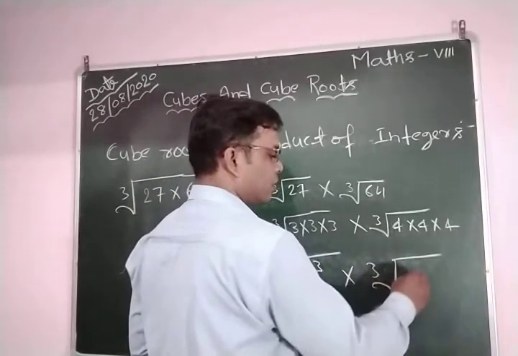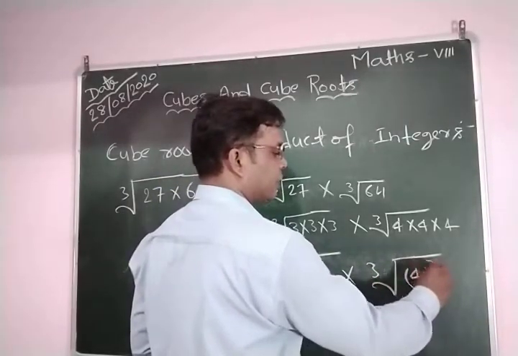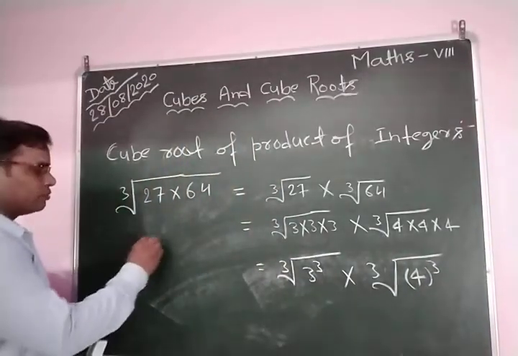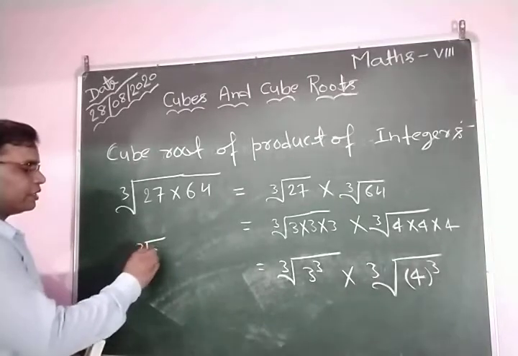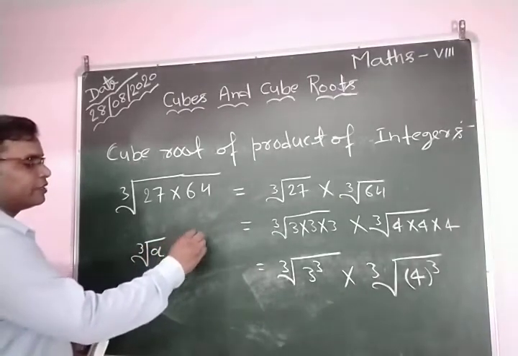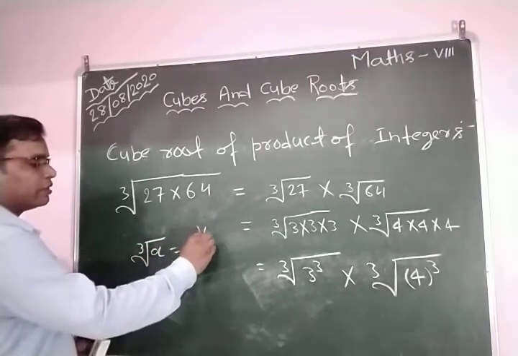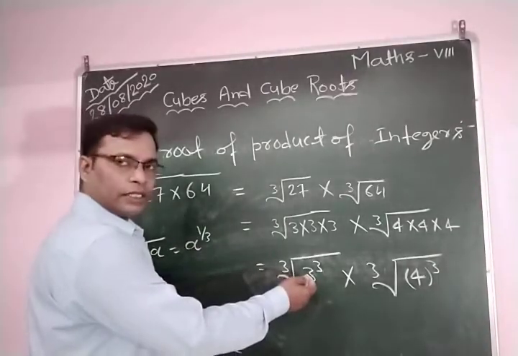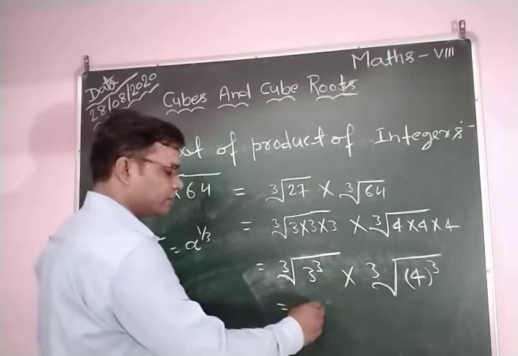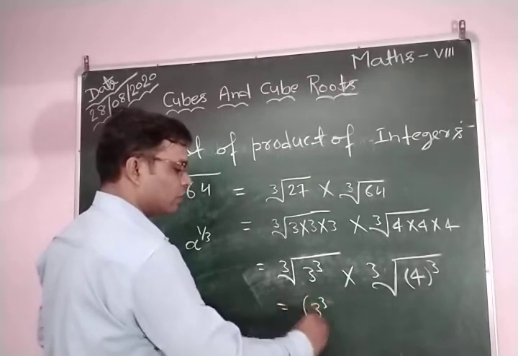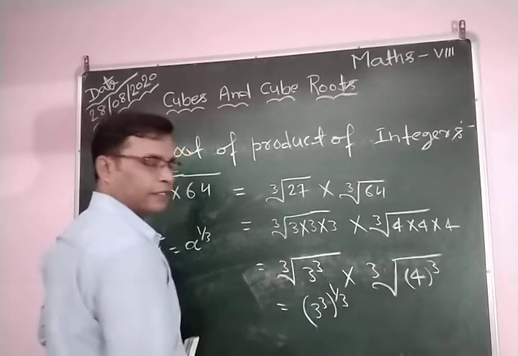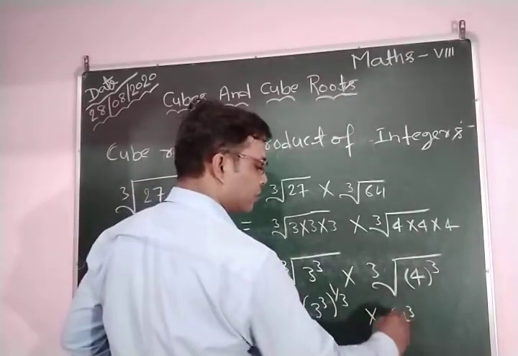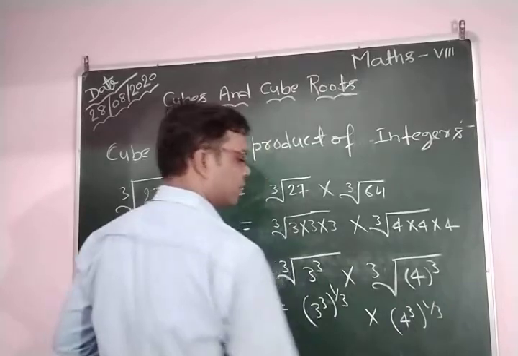Cube root of 4 power 3. Or you know very well, cube root of any number a, you can write as a to the power 1 by 3. So here you can see 3 power 3 is equal to 3 power 3 whole power 1 by 3. Okay, and into this is equal to 4 power 3 whole power 1 by 3.